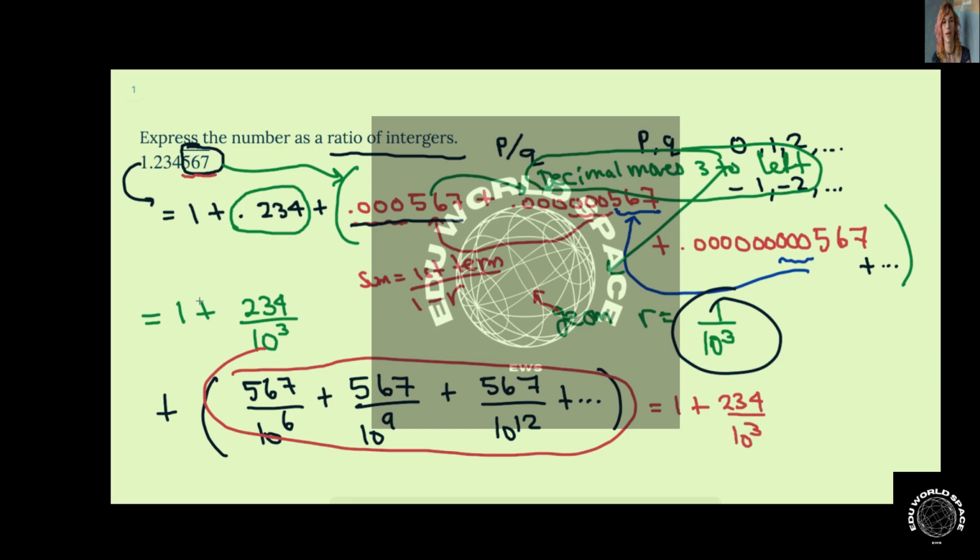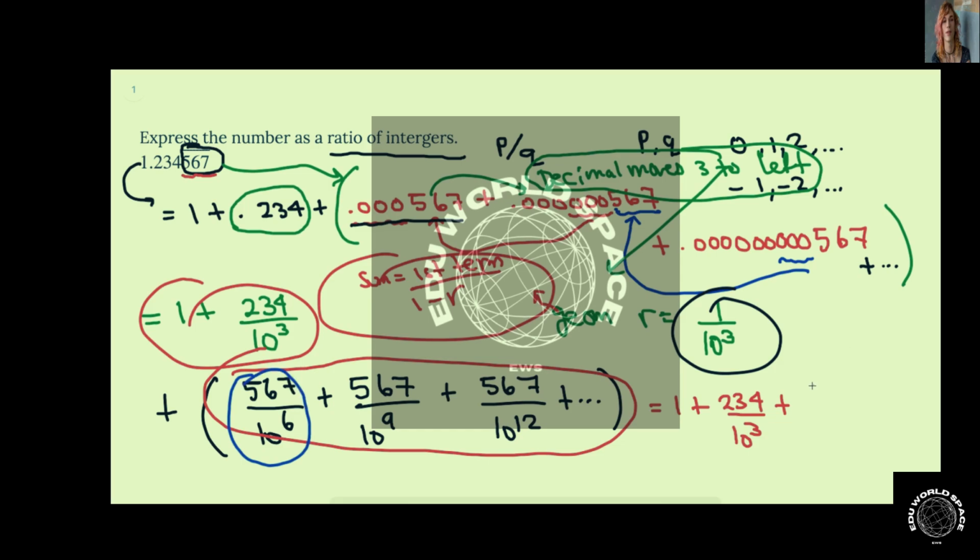That's just the first 2 terms from over here. And then using this formula, the first term in the series is 5, 6, 7 over 10 to the 6th. And then I divide by 1 minus r, and r is 1 over 10 cubed.